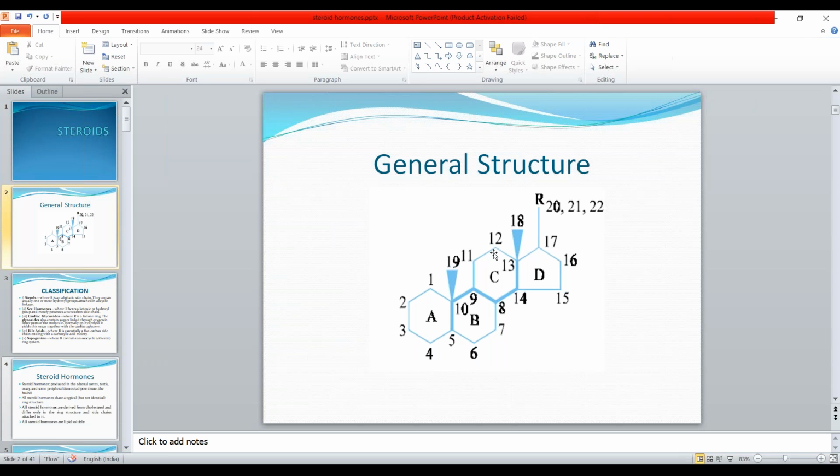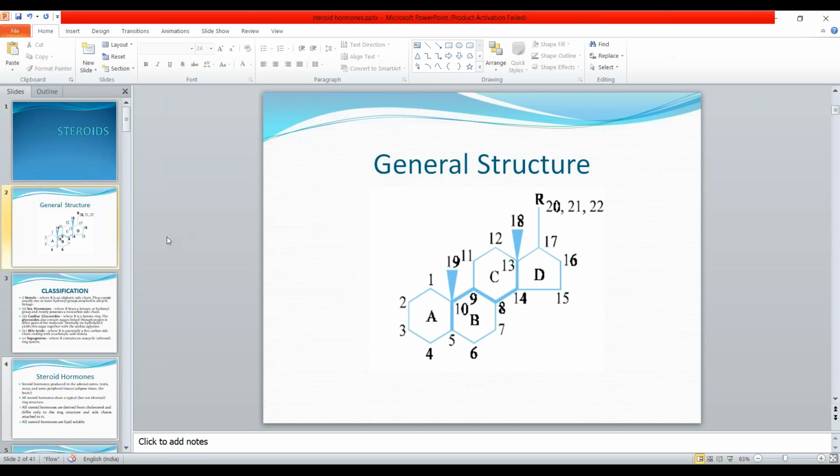If you count the number of carbon atoms present in the general structure of steroids, you could have a steroidal structure with at least 18 to 22 carbon atoms. Okay, so it's a huge structure, and please keep a pen and paper ready. You will have to draw a lot of structures on your own this time.